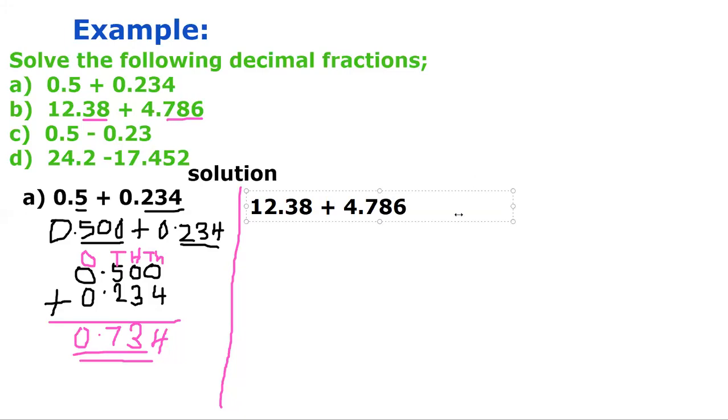Okay, now you have to balance them. Balancing them here means the first has only 2 decimal digits and the second has 3 decimal digits. So the first one needs a 0 before it will be balanced.